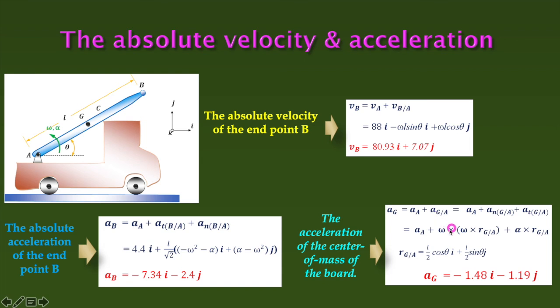So here also the same value of omega we are going to use, but the radius vector is half of BA. So the radius vector is not L, rather it is L by 2. In the case of BA, it was L cos theta i plus L sin theta j, but here it is L by 2 because this length from A to G is L by 2. And then substituting the rest of the values, we get this acceleration.